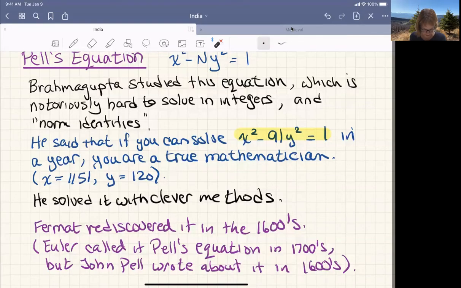For example, Fermat rediscovered this equation in the 1600s. Fermat was a later French mathematician. Euler was a later Swiss mathematician. He called it Pell's equation in the 1700s. This is named after John Pell, who wrote about it in the 1600s.